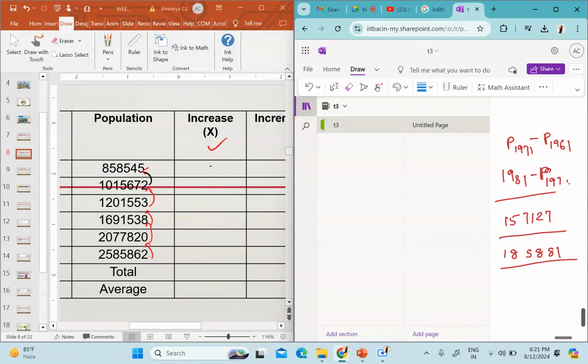Got it? Then 489985. Next value 386282. Got it?